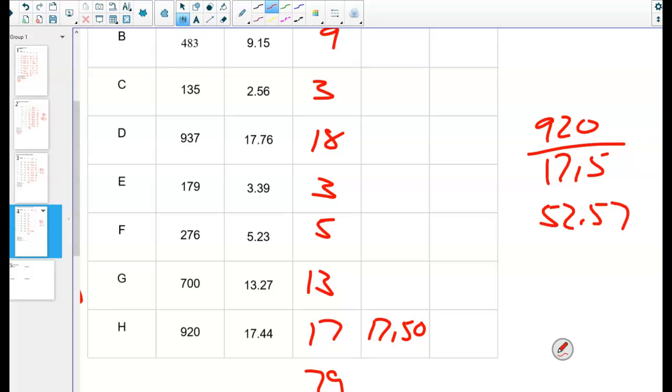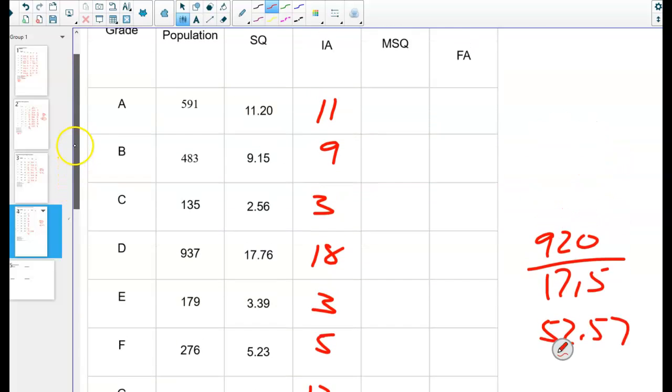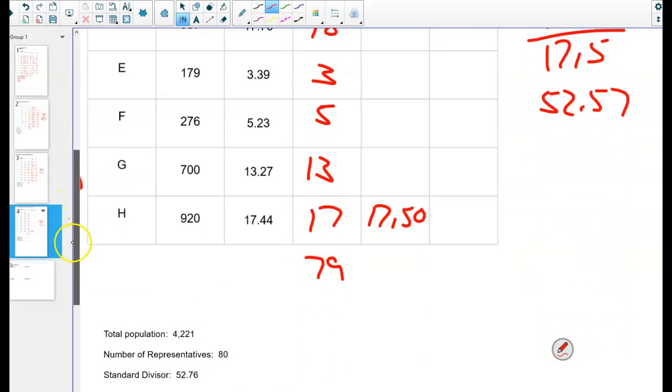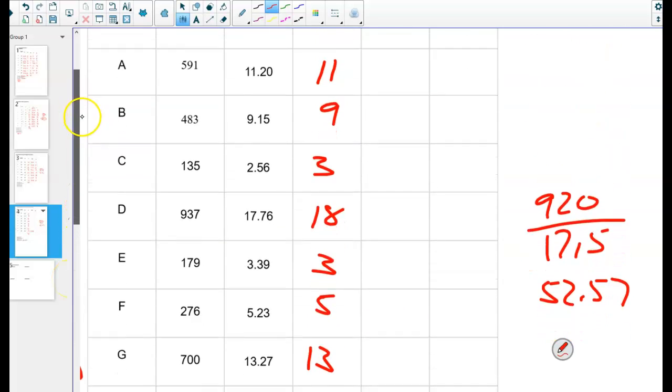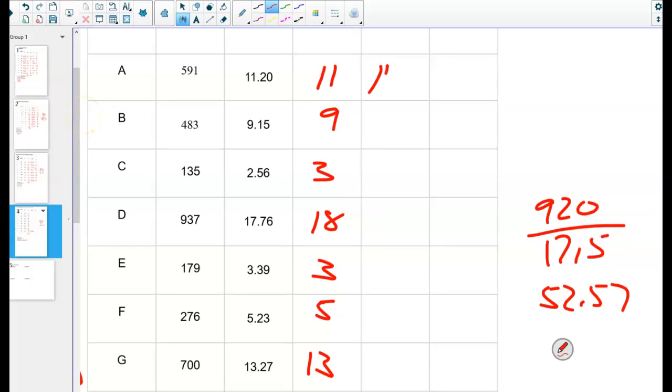So that's going to be my new standard divisor, my modified standard divisor, 52.57. And you notice they don't move very far. Okay? When I put these in, this will make this 11.22. Stays at 11. This will make this 9.17. This will stay at 9. 2.56 might go to 2.58. That stays at 3.